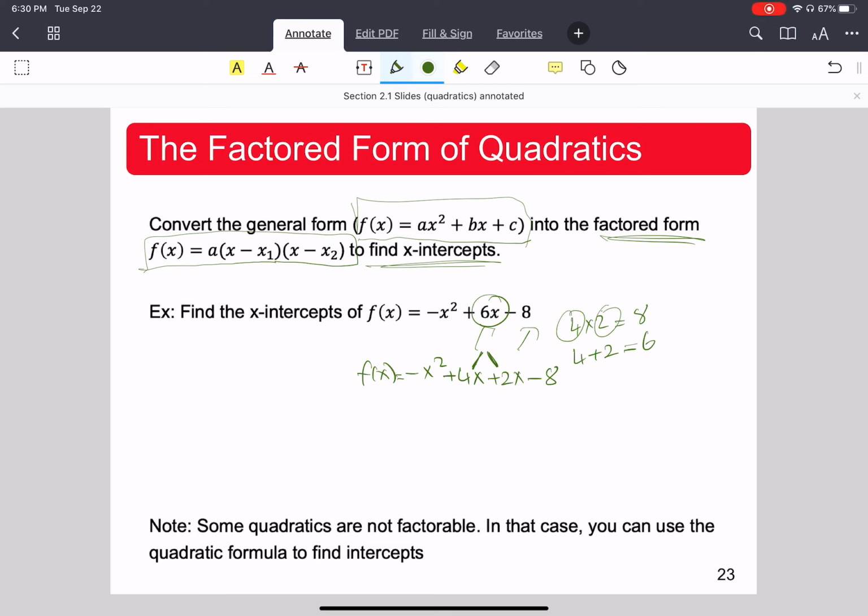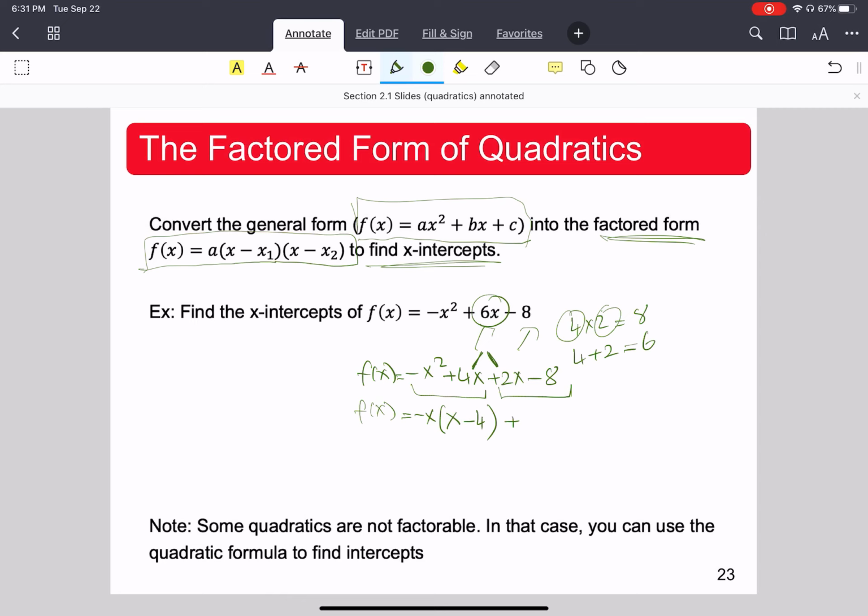Then here I'm going to group the first and the second, and the third and the fourth. Then I'm going to find the common term. x squared and 4x has x in it, so I'm just going to factor out negative x. In that case, it'll be something like x minus 4, because negative x distributed into x minus 4 gives you negative x squared plus 4x.